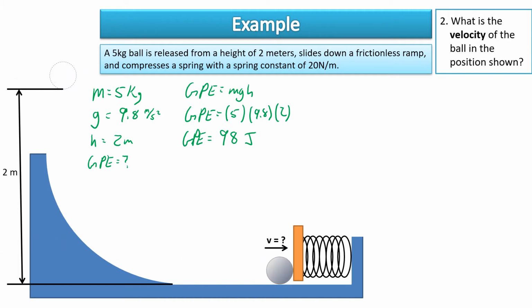All right, so what is the velocity of the ball in the position shown? At first glance, you might be like, I don't really know, because I guess I should do like a kinematic equation or something like that. I'm not really sure. Let's use the fact that we know the total energy of the system and the fact that at this position shown here, it's no longer a height above the ground. So we can do our nice formula that was on the previous slide.